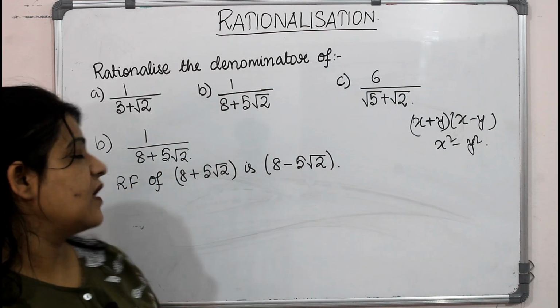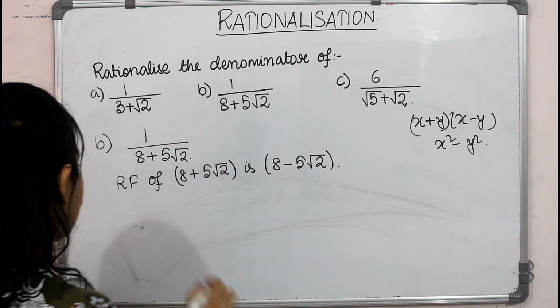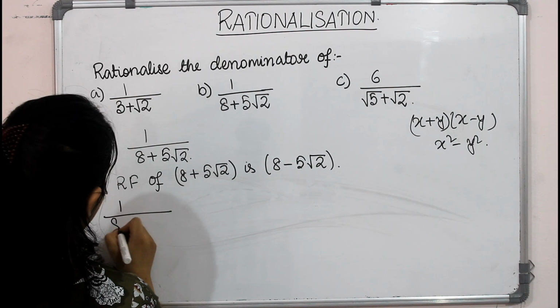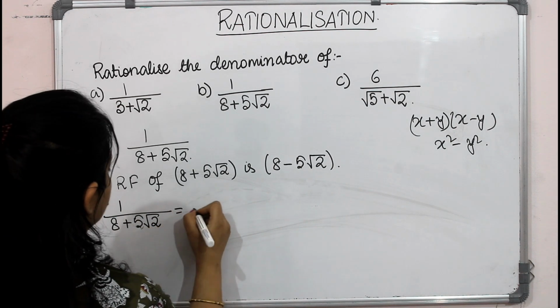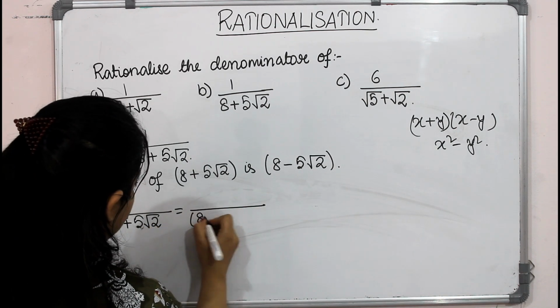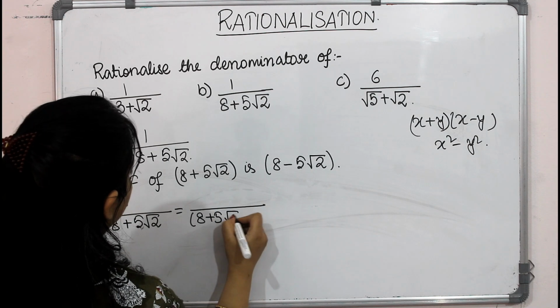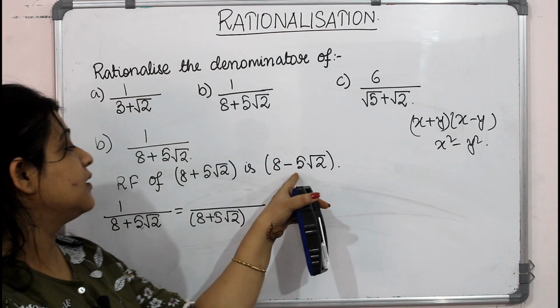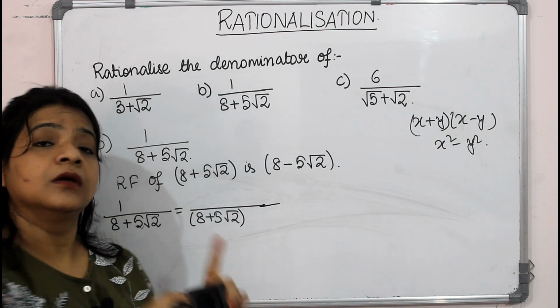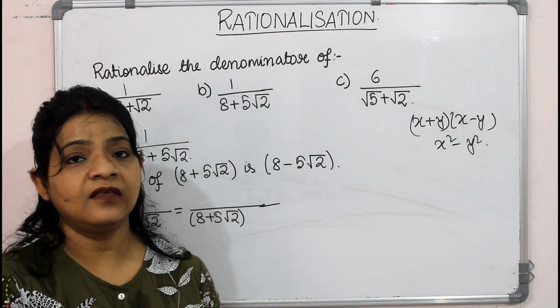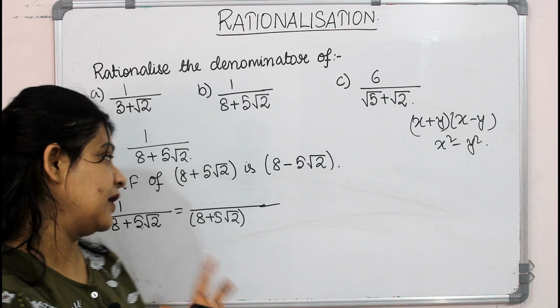Okay, so this is the rationalizing factor. So 1 divided by 8 plus 5 root 2, you will be multiplying it with this rationalizing factor in both numerator as well as denominator. So don't forget this.